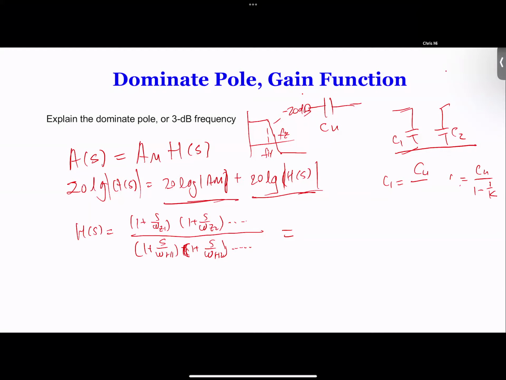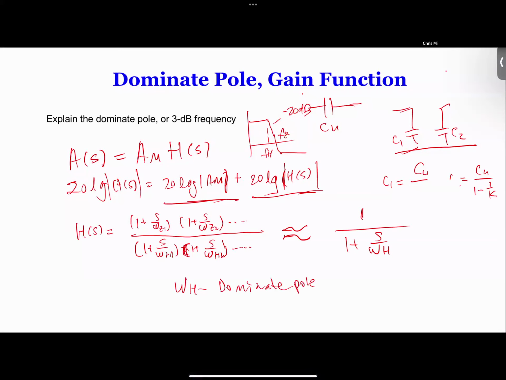Each of these is one frequency. But if you look carefully, even with all these zeros and poles, there's one frequency that has the most impact on your circuit. We call that frequency the dominant pole, and the dominant pole is the lowest frequency. So basically, if we write it, this is just equal to 1 plus S over omega_H1. So omega_H is called the dominant pole.